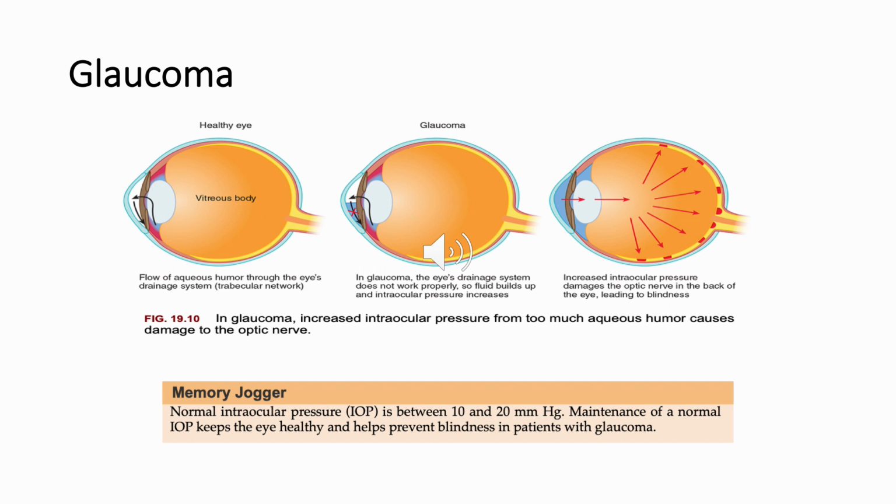Drugs for glaucoma are typically given as eye drops instilled into the affected eye. In emergency cases of acute angle closure glaucoma, drugs may be given orally or intravenously to rapidly reduce IOP.